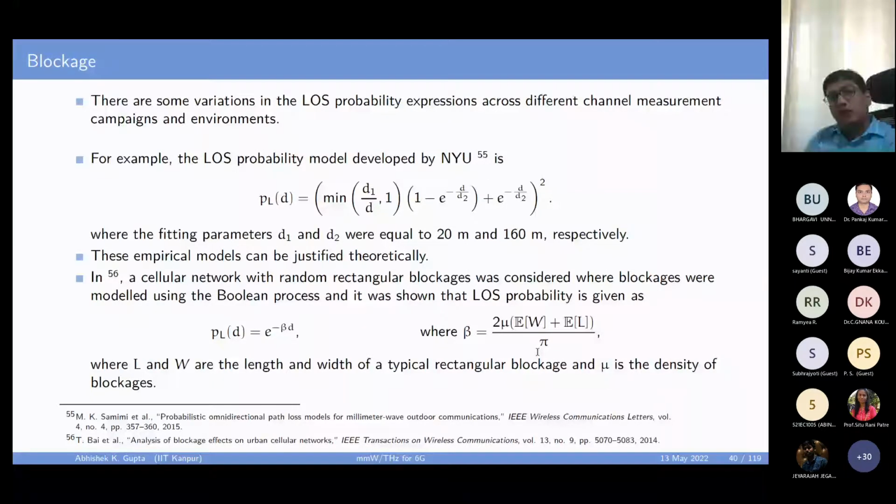This is very similar to the actual equation, which shows that the blockage loss is decreasing exponentially with distance. So, as you increase the distance, your blockage probability can reduce significantly.